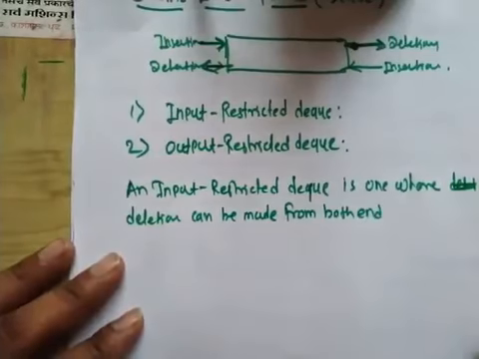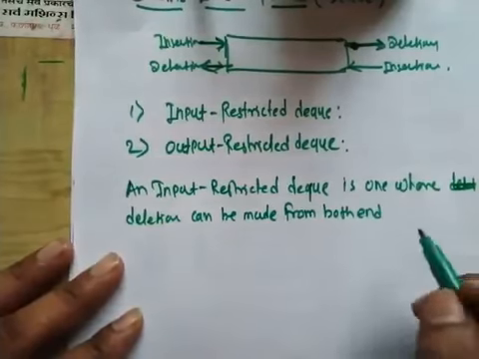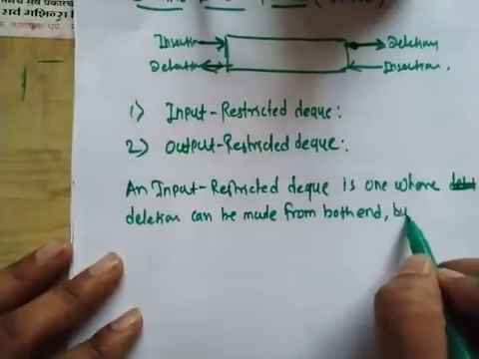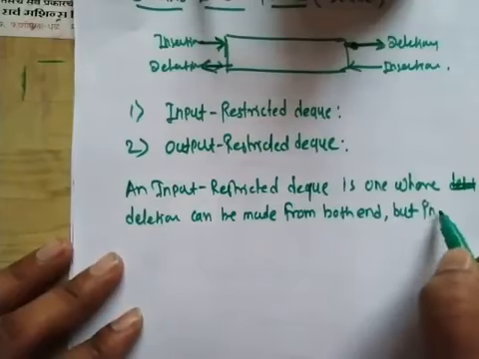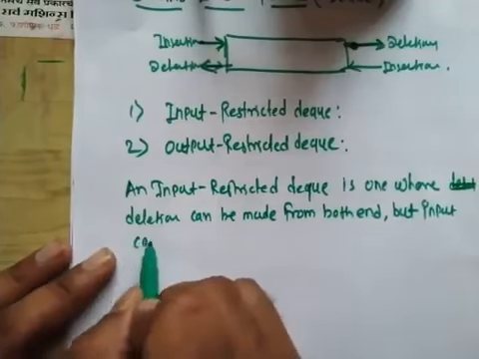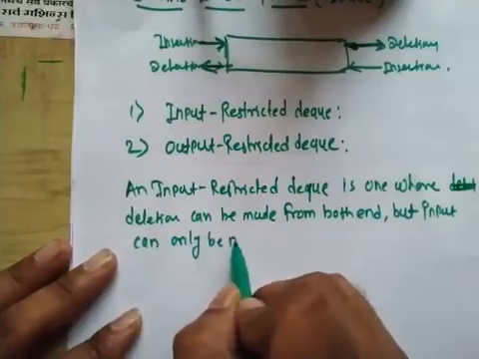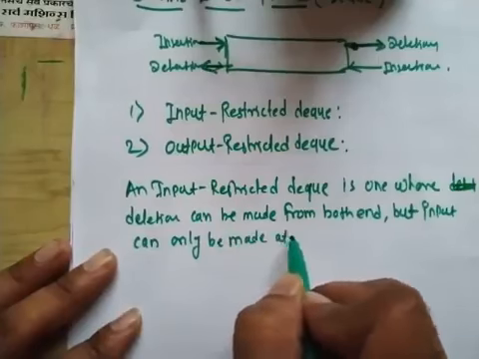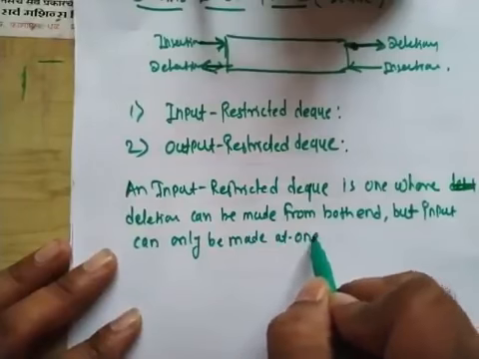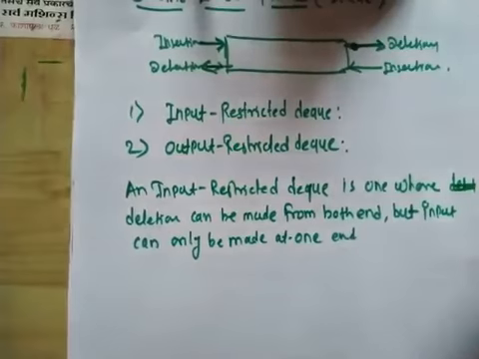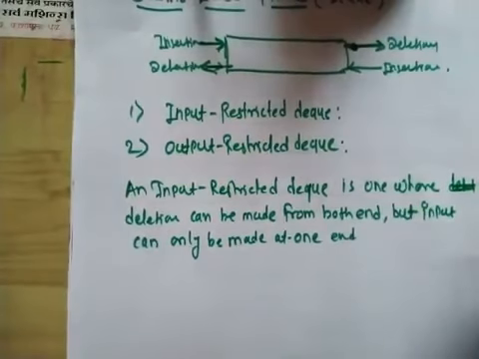Okay, deletion can be made from both ends, but input can only be made at one end. So basically here we are restricting only input. We can make deletion from both ends. Both ends means we can delete an element from the front end also and the rear end also.